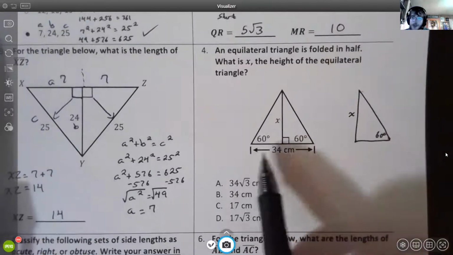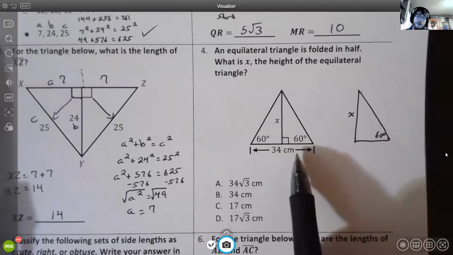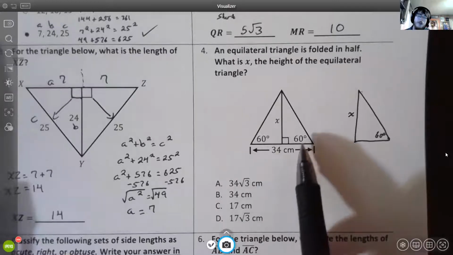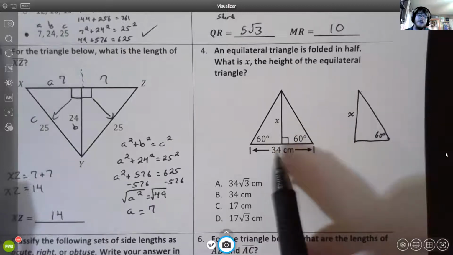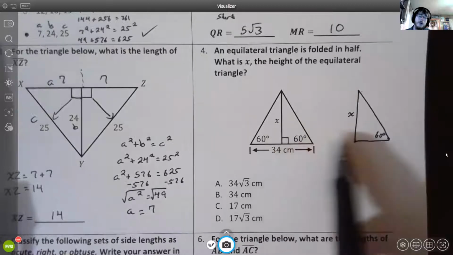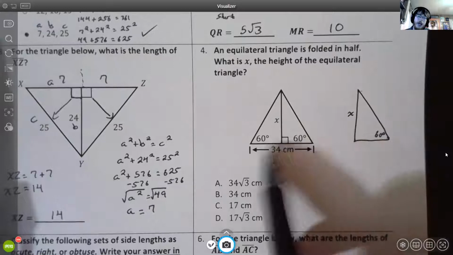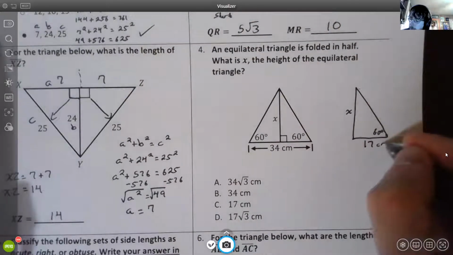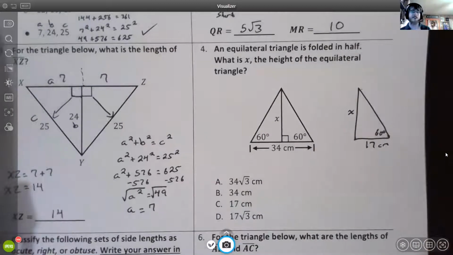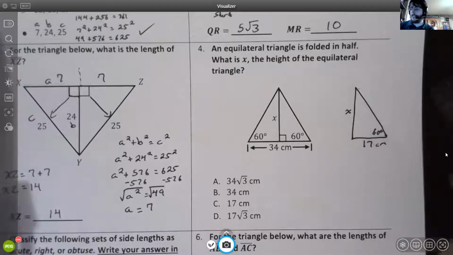And this entire side was 34 centimeters. So if we fold that in half, this is half of 34. Half of 34 makes this side 17 centimeters. Now, if you'll notice from number 2, we had the exact kind of situation here.